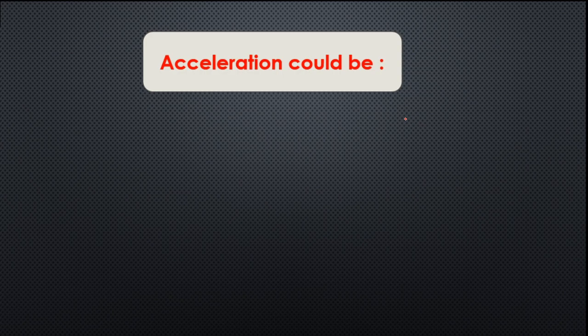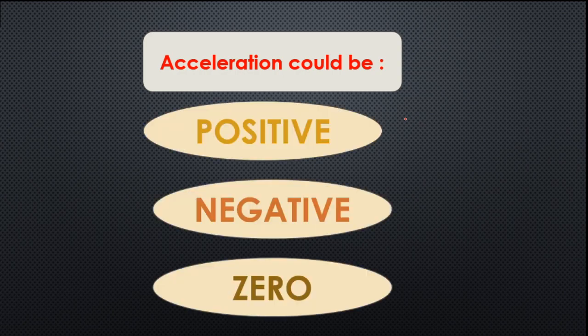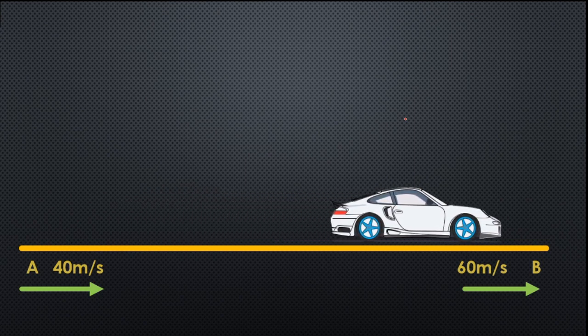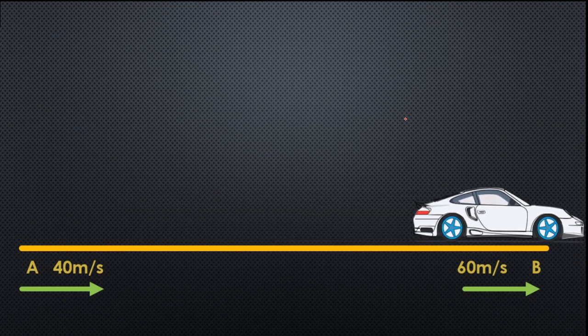Now acceleration could be positive, negative or zero depending on the situation. Let's understand with some examples when acceleration is positive, negative or zero. First of all, let us consider a car moving on the road with a velocity of 40 meters per second. Now at point B, its velocity becomes 60 meters per second in 10 seconds.